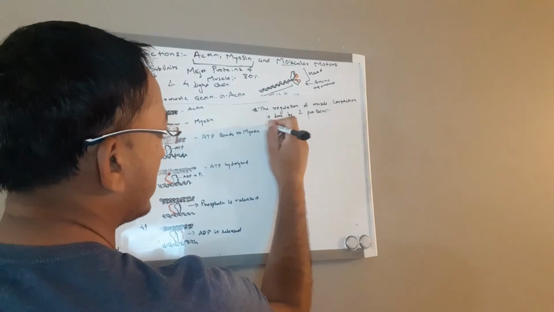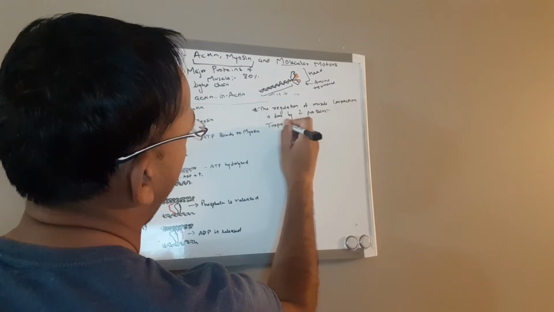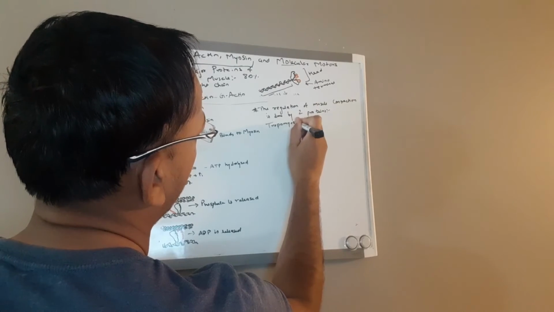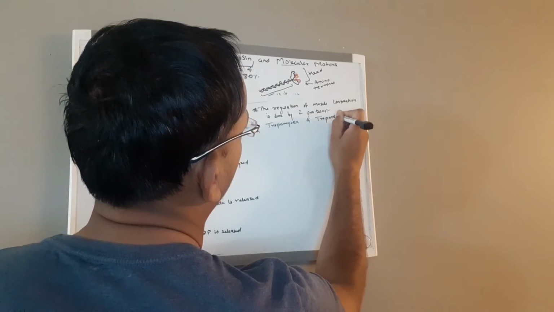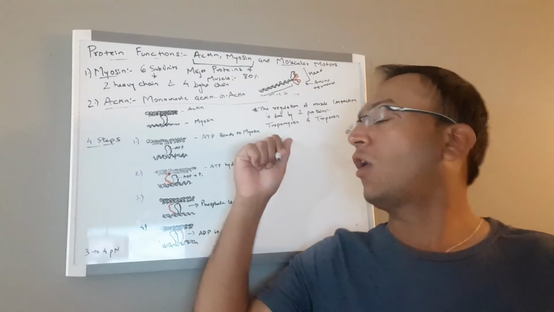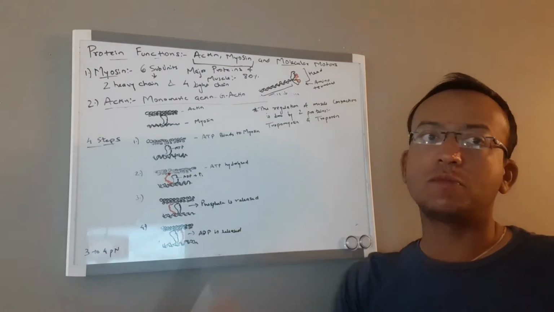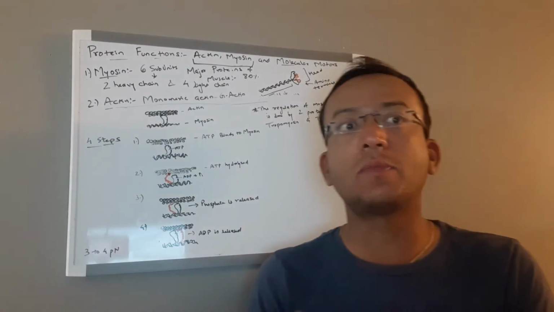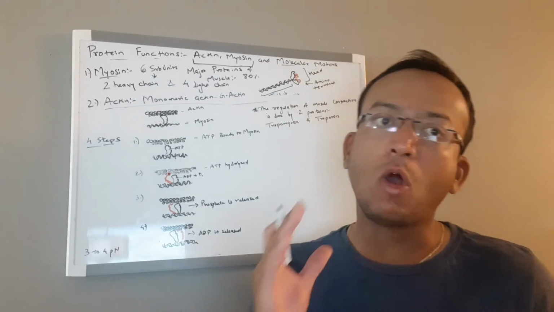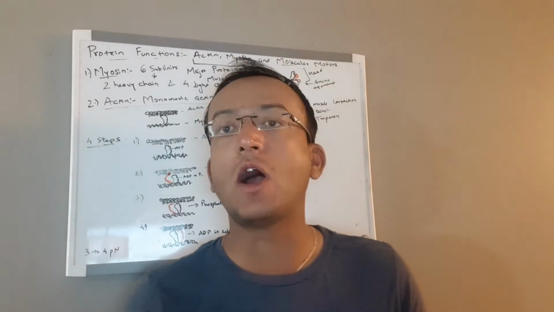That is tropomyosin and troponin. So these are the two proteins, or the complex of two proteins, that regulates the muscle contraction, tropomyosin and troponin. So tropomyosin binds to the thin filament, blocking the attachment site for the myosin head groups.